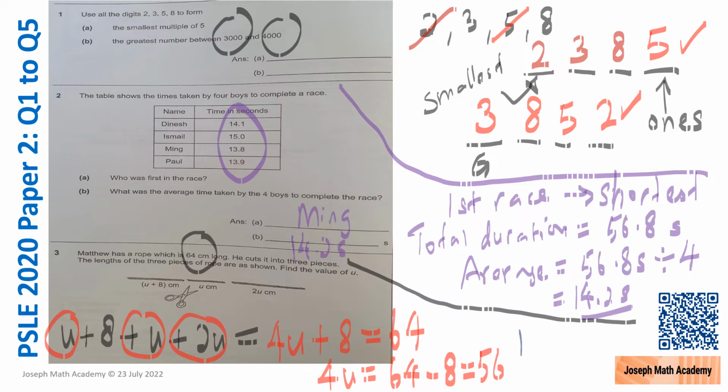So 1 unit is 56 divided by 4. Now 56 divided by 4 is simply 14. Alright, so the value of u is 14. So number 3 is done. Let's move on to questions 4 and 5 in my next slide.